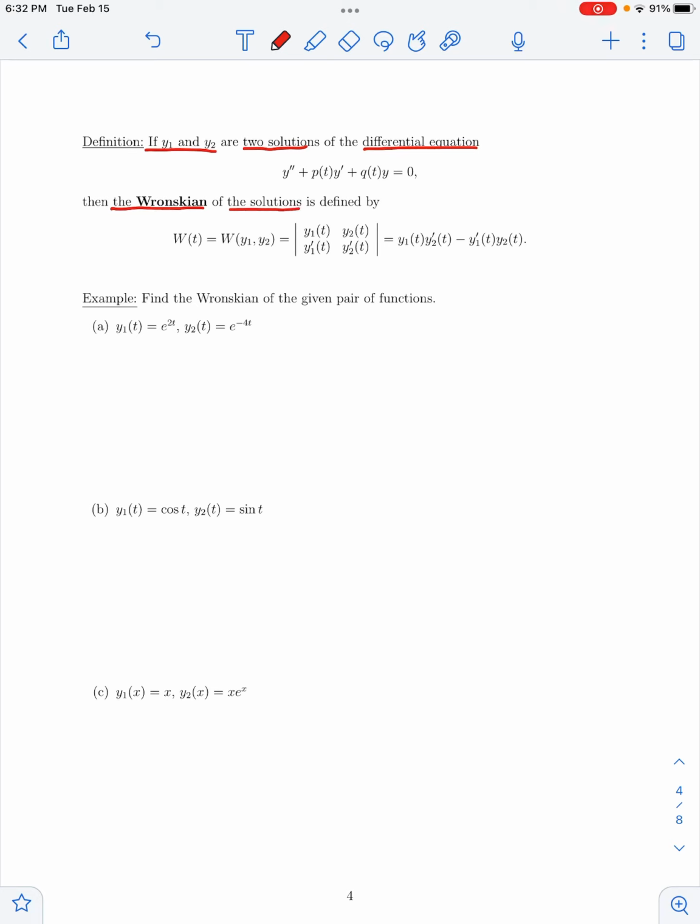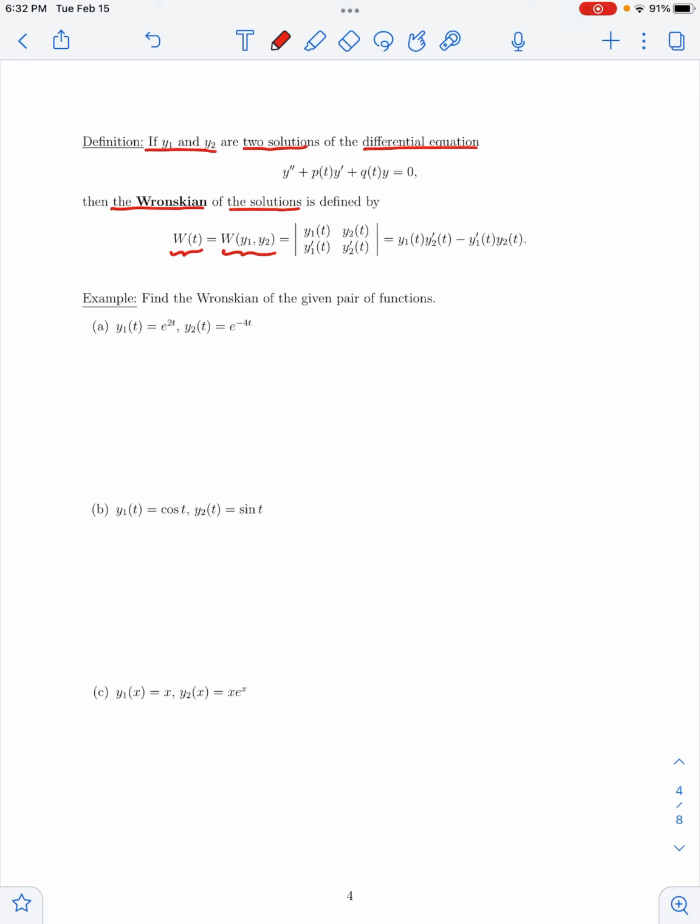So first, let's start with the notation. The Wronskian is usually denoted as capital W, which would be a function of t, if t is our independent variable. Or we could denote it as W of y1 and y2. This Wronskian is going to depend on our two solutions that we're finding.